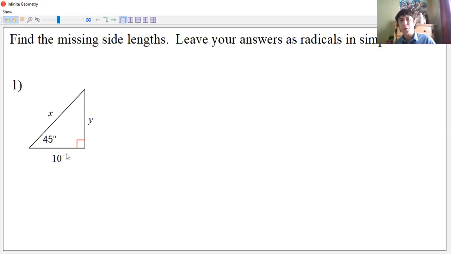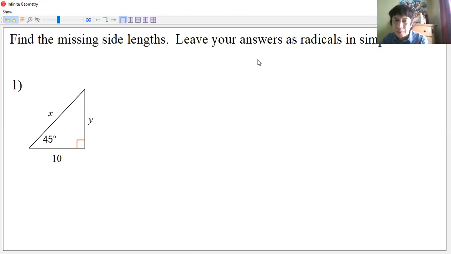So if we're going to solve this, we shall copy the problem and the given, and according to the instruction, leave your answer as radicals in simplest form. So let's try doing this, and let me just write first the problem on a clear paper.